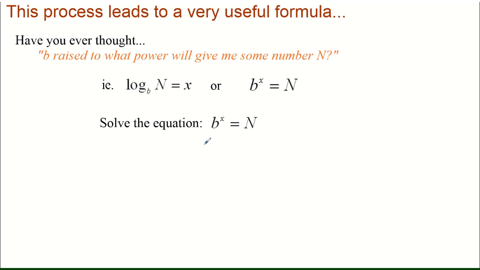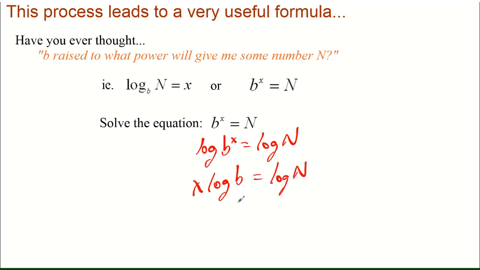Well, right now you would say take the log of both sides. You'd bring your x to the front. And then you'd solve for x, which would be the log of n divided by the log of b.